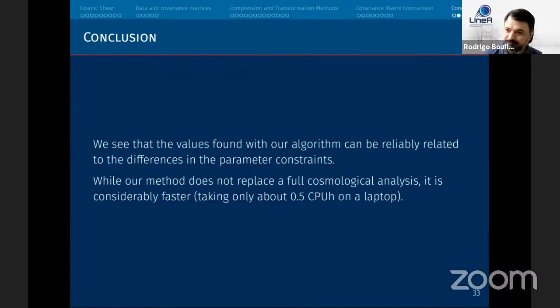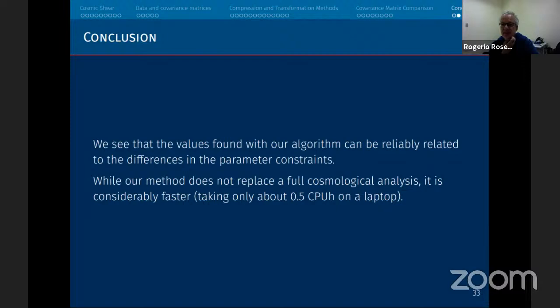Go ahead. I probably missed it, but you can reduce the covariance matrix using these reduction methods. And then what I missed is the reduction of the data vector. Do you also reduce the data vector?